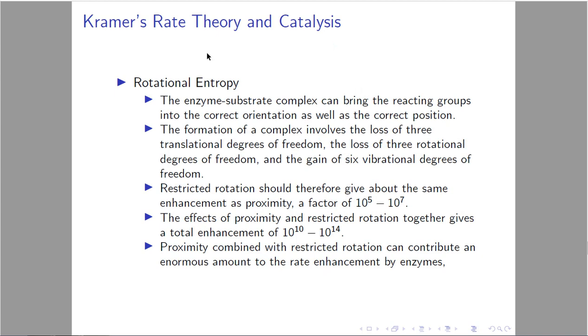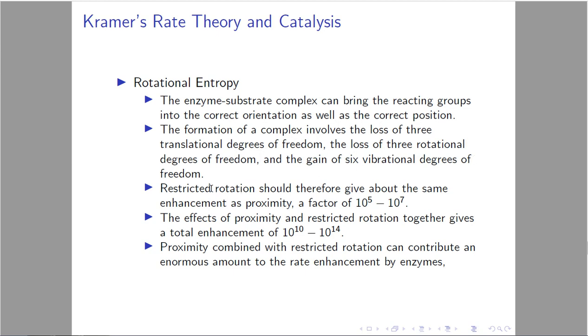Next is the Rosenthal entropy. Okay, so if there is no enzyme, the substrate can move freely, but with the enzyme binding, it brings the reaction group into the correct orientation as well as the correct position. Okay, and the formation of the complex involves the loss of 3 translational degrees of freedom and the gain of 6 vibrational degrees of freedom.